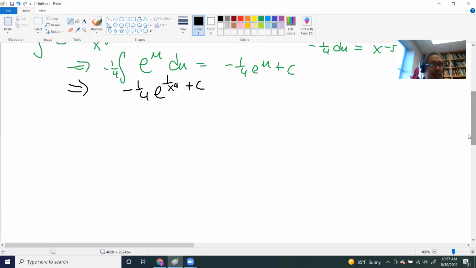The next one I want to do, I'll do this one in blue just for the heck of it. The next sort of integral we have, I'll set this up. Let's say we have an x and we have, let's say, the square root of 18 plus 3x.